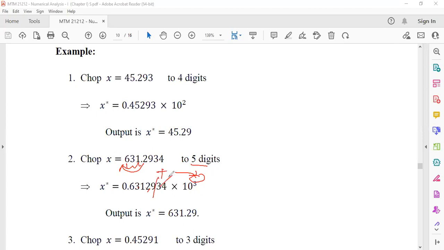So you have to cut out this one. So the answer will be 0.63129 times 10 to the power 3. Then when you write it again as a fixed point number, multiplying by 10 cubed, the decimal moves this way, so 631.29. These are school level calculations. I hope you all know these things.